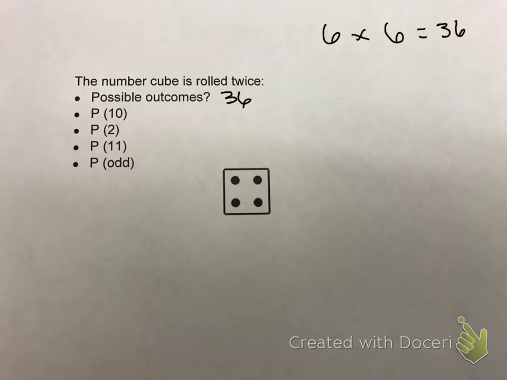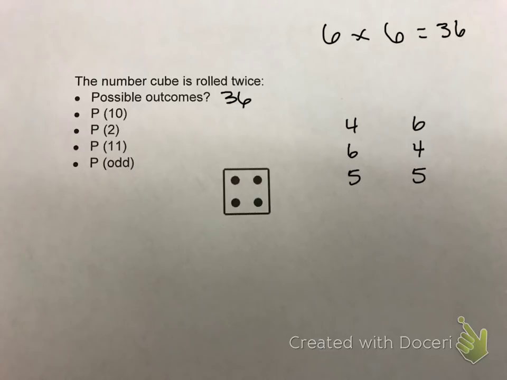So the probability of rolling a 10. Well, let's look at the different combinations that we can get to roll a 10. We could get a 4 on the first one, a 6 on the second one. We could get a 6 on the first one, a 4 on the second one, meaning the first roll and the second roll. We could also get a 5 on the first roll and a 5 on the second roll.